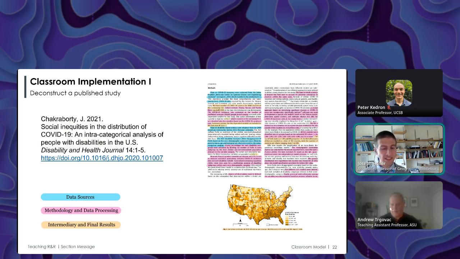There are too many details and too many decisions that we make as researchers in our study designs and execution to fit inside the package of a peer-reviewed manuscript without losing some kind of information, right? So this is always going to be a little bit challenging. But here you can see this was a short article and really densely packed with important information. Jay was extremely efficient with his words in this one.